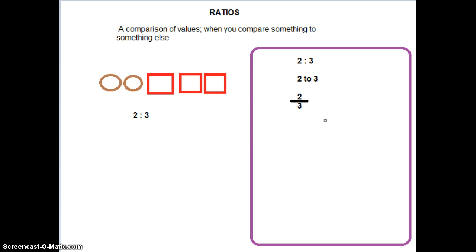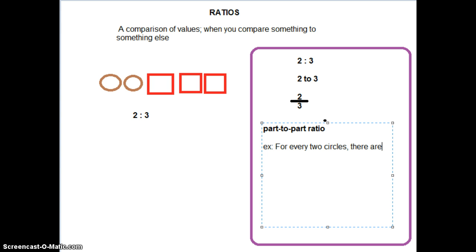And there are 2 different types of ratios when you compare 2 values. You would have either a part-to-part ratio. With this example, it would be for every 2 circles, there are 3 squares. And you can also have a part-to-whole ratio.